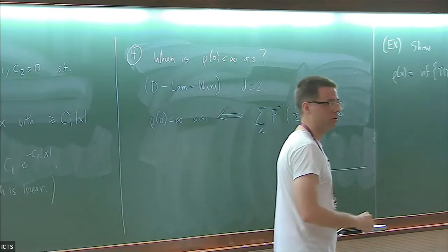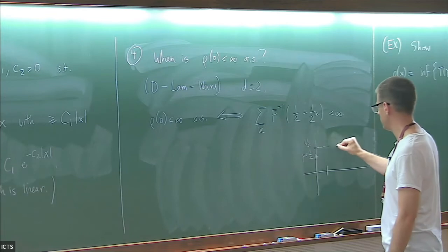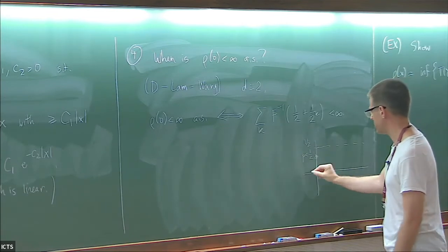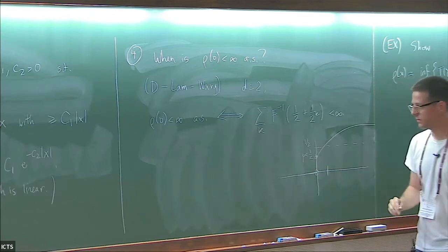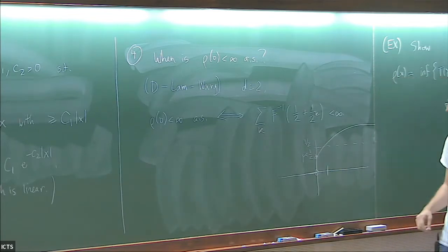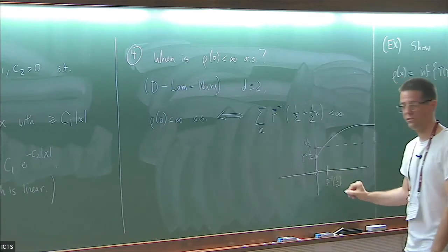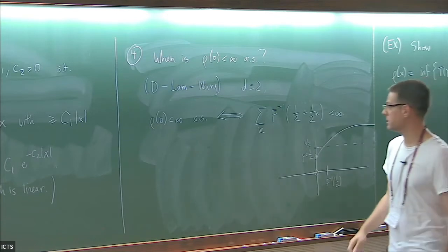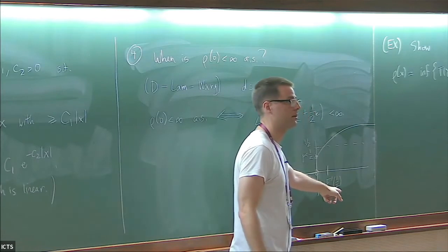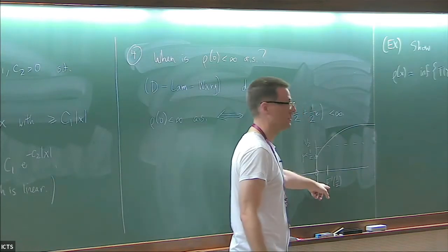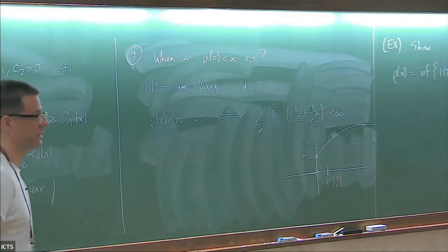And then you look at the point where the distribution function is equal to 1/2. So maybe the CDF looks like this. Here's the CDF of one of the edge weights, and here is the point where we get to the value 1/2. And now if you consider this sum, F inverse of 1/2 plus 1/2 to the k is always to the right of this point. So all the terms are bigger than this, so the sum is infinite. That is true.